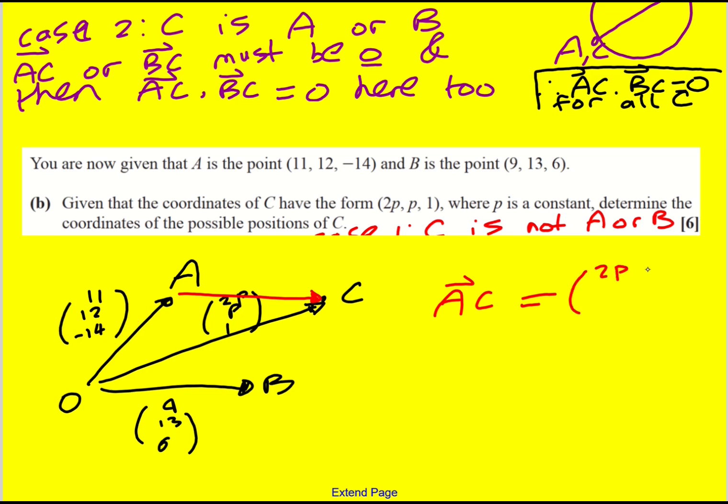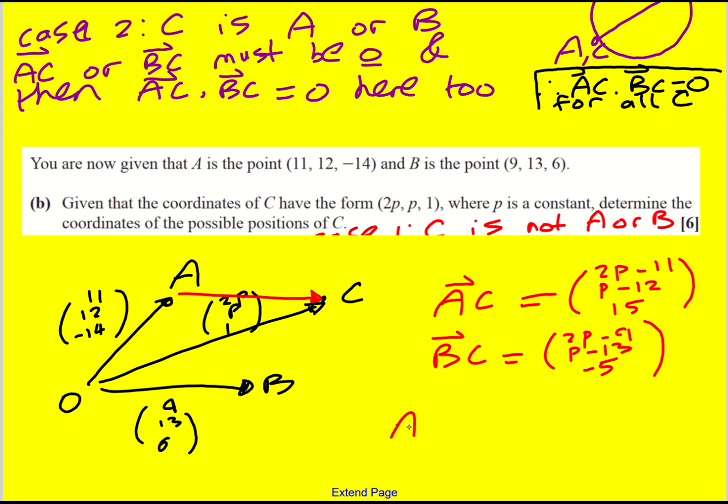So it will be 2P minus 11, P minus 12, 1 minus minus 14, which is 15. And BC, similar reasoning, is going to be 2P minus 9, P minus 13, and 1 minus 6. So now we know that AC dotted with BC is equal to 0 from part A.